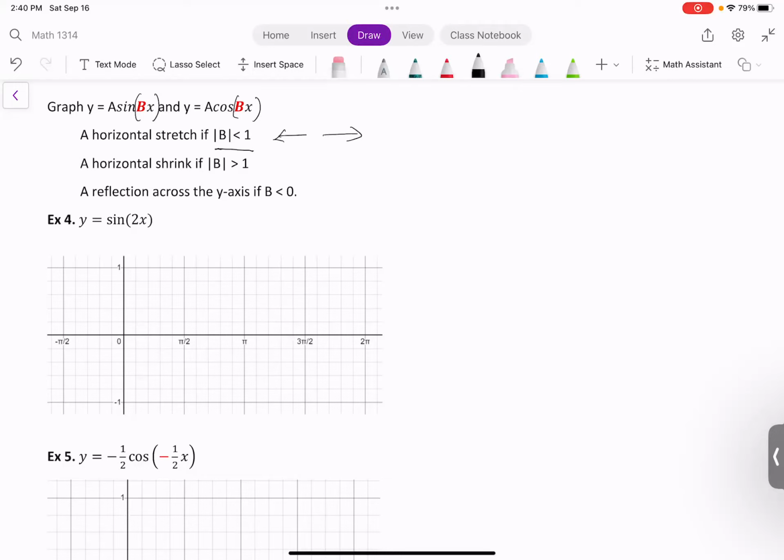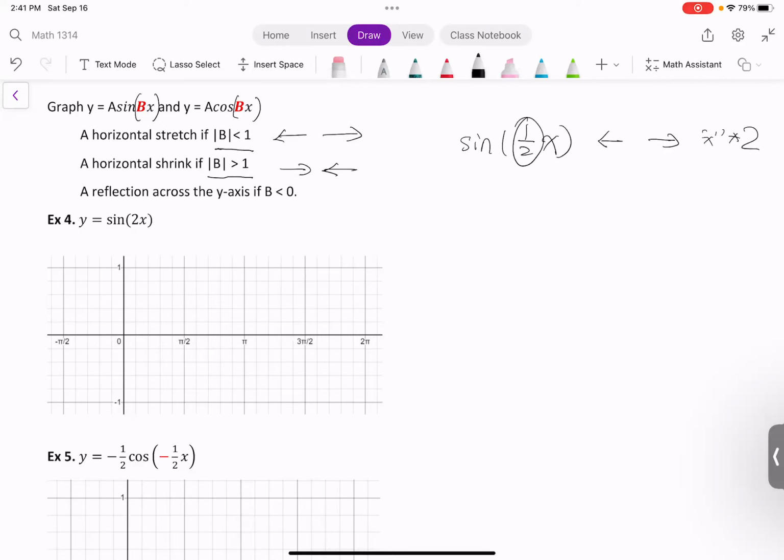And if the b is greater than 1, I will shrink my graph horizontally. For example, if I have sine of 1/2 of x, in front of the x is 1/2. That means I'm stretching my graph horizontally, all the x multiplied by 2.